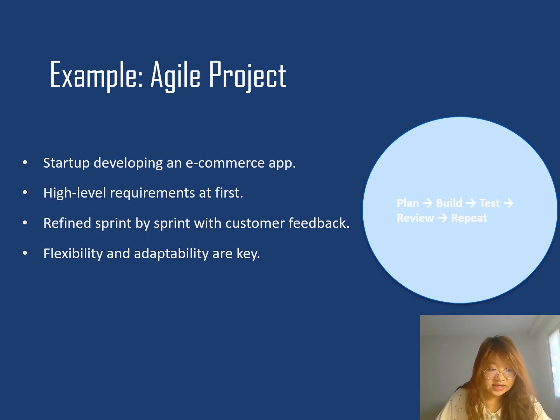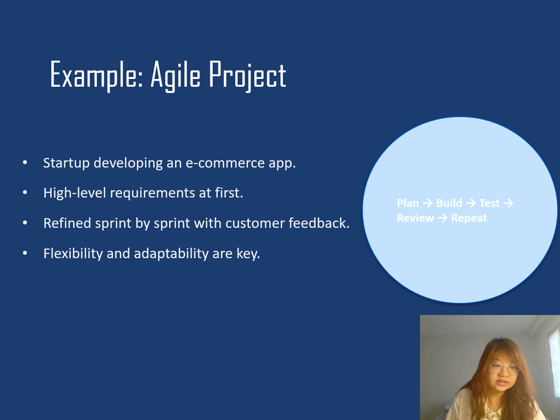Now, let us consider a different case. A startup developing a new e-commerce app. In this situation, the market moves quickly, and customer preferences may change within weeks or even days. If the team tried to define all requirements at the beginning, the system could already be outdated by the time it is finished.